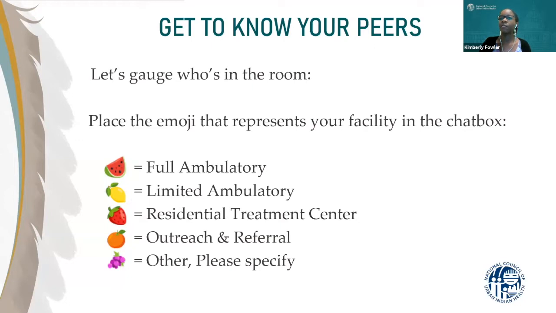So in the chat box, you could place either a watermelon for a full ambulatory program, a lemon for a limited ambulatory program, a strawberry for a residential treatment center, an orange for an outreach and referral, or some grapes if you are part of a different type of facility. And please specify what that is. Feel free to type that into the chat box as well. Thank you so much. I just love seeing who's all in the room and where you're coming from.